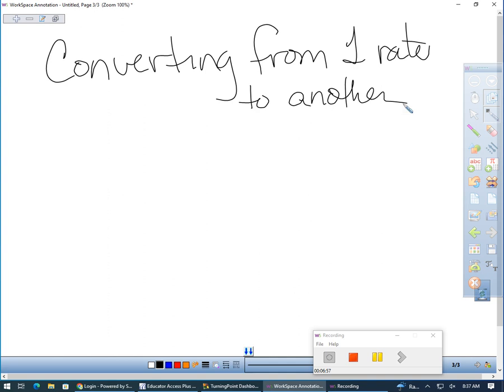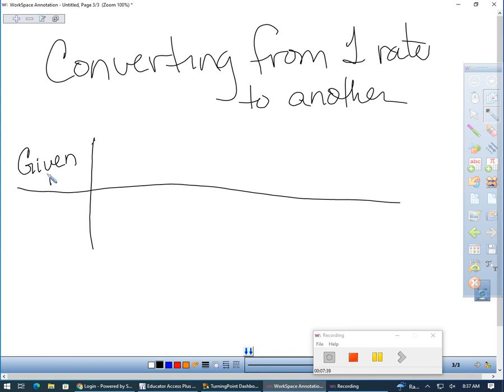So when we do converting, I'm going to ask that you make yourself what I call a ladder. It's not really a ladder. It's really like a long one-sided tic-tac-toe type of thing. Your given information always goes here. That always goes in the first box.